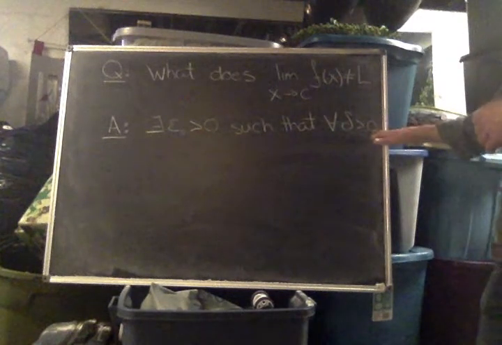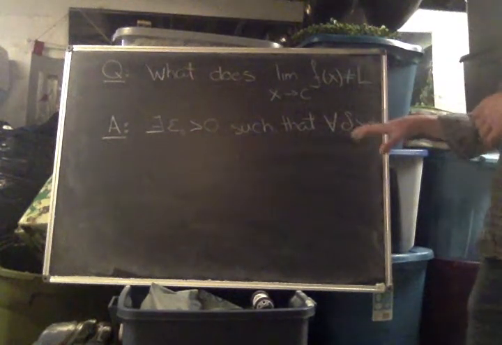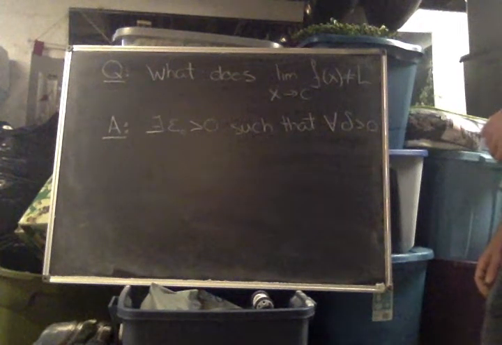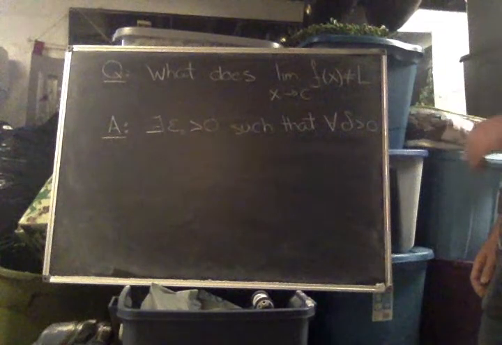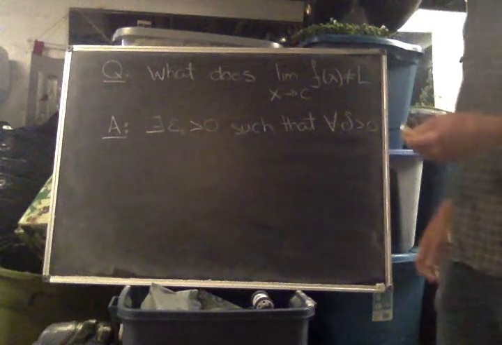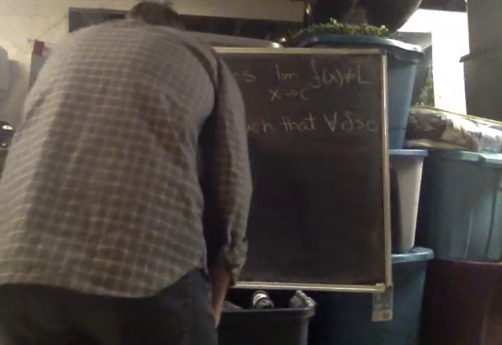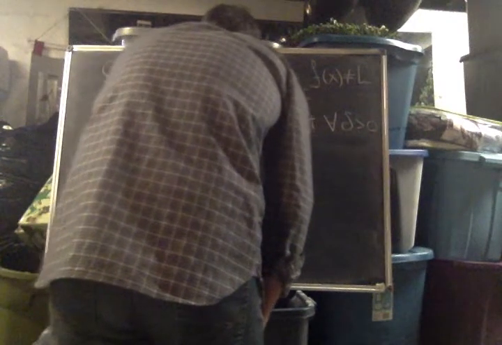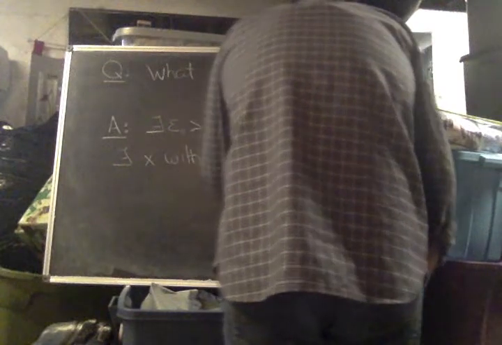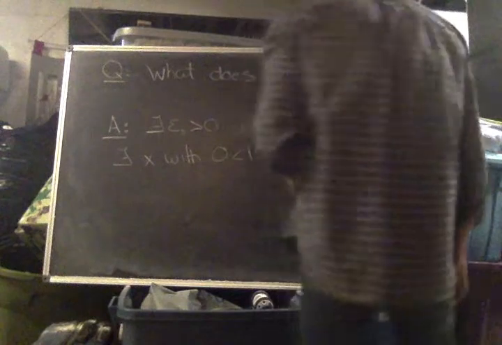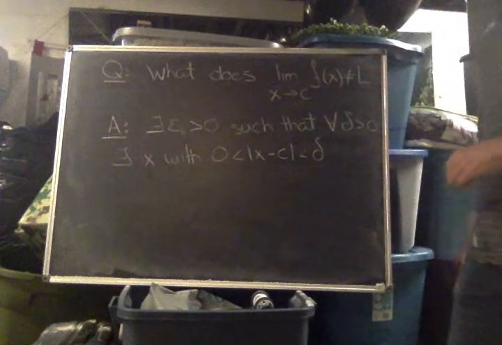So for all delta greater than 0, now instead of all the x's with |x minus c| less than delta having to satisfy something, there just has to be one. Instead of for all, there exists, okay? So such that for all delta greater than 0, there exists an x with x not equal to c, but its distance from c is at most delta.